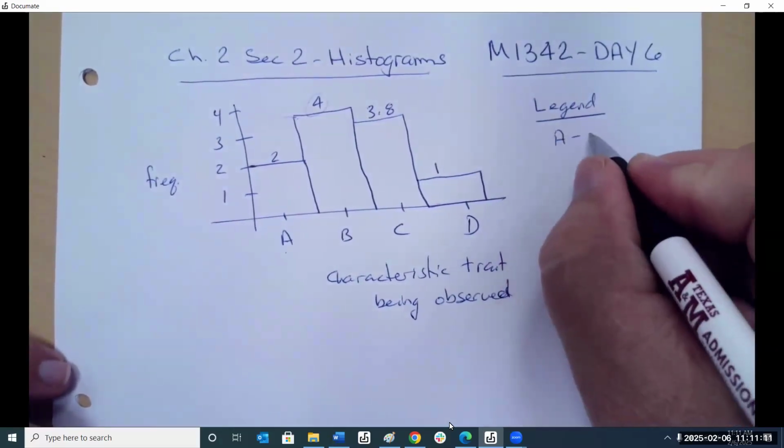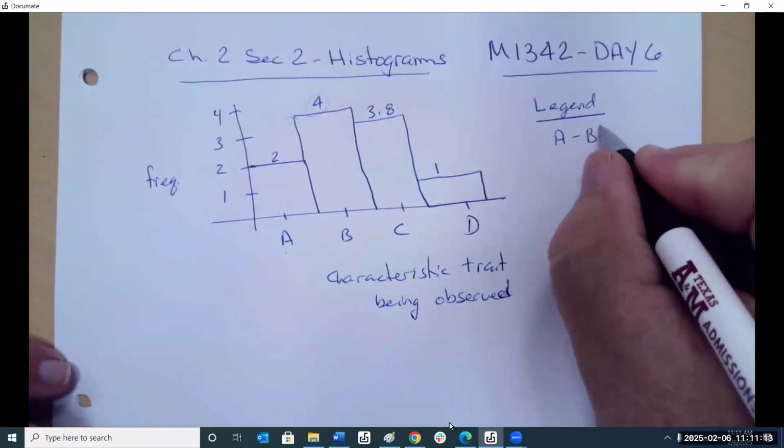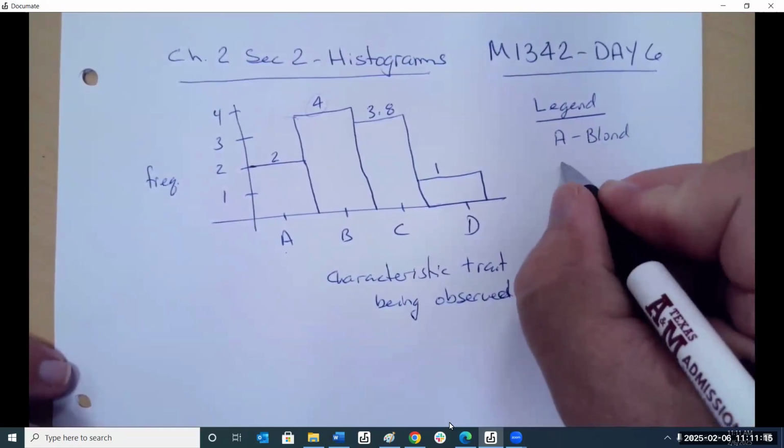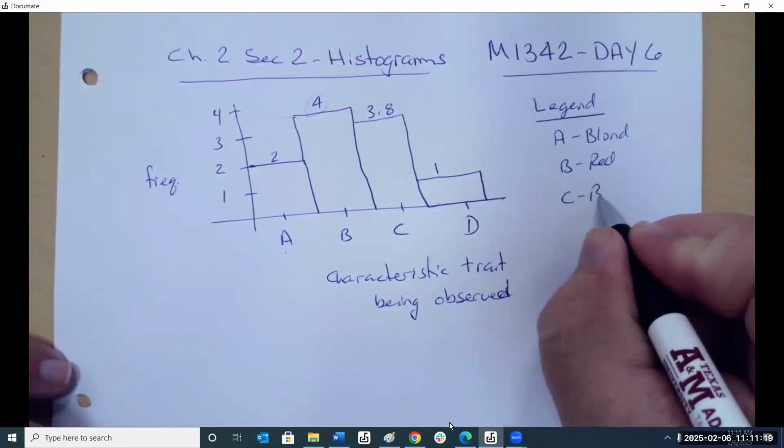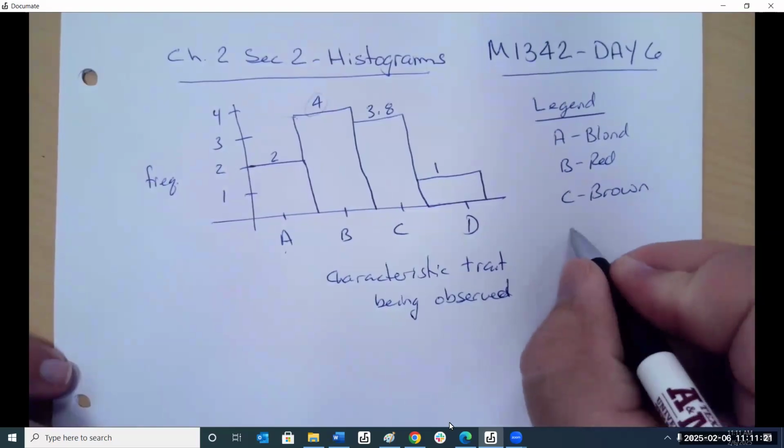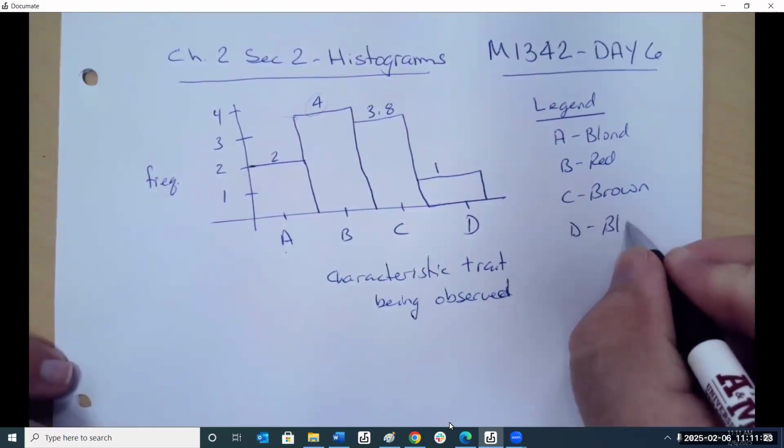A will represent blonde, B, red, C, brown, D, black hair.